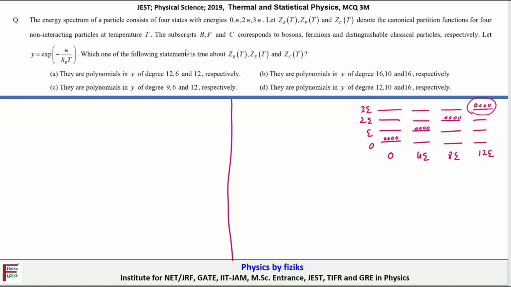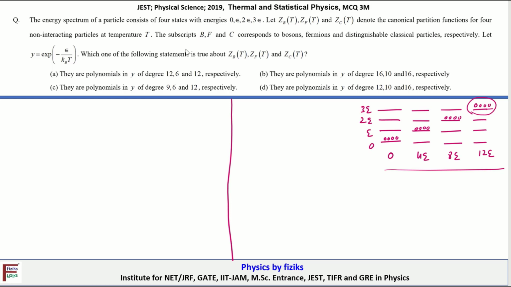Please note that these are not the only 4 microstates which this system of 4 bosons in these 4 energy states can have. There are a large number of microstates, but we have to identify the microstate with the largest energy, and that is 12E in this case.